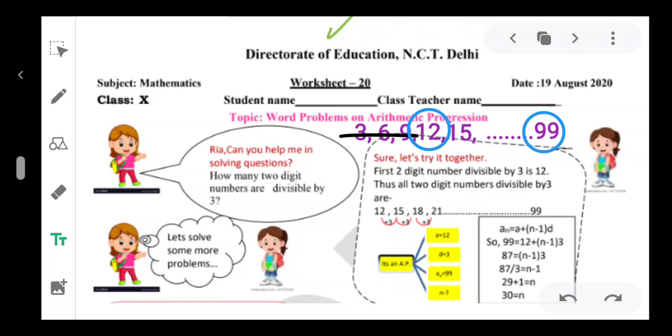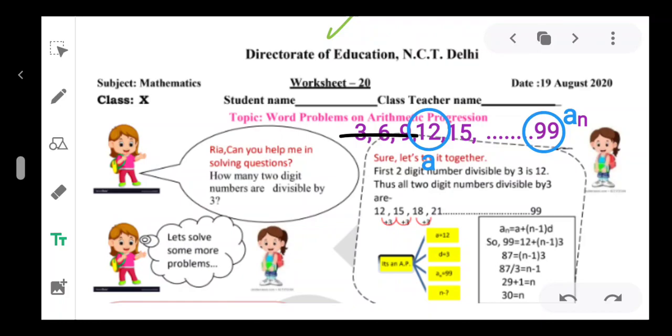We can find the number using arithmetic progression and another method. A is the first term. We have to identify what is given and what we have to find. Divisible by 3 means d is 3, because every number comes after a difference of 3: 12, 15, 18, 21.